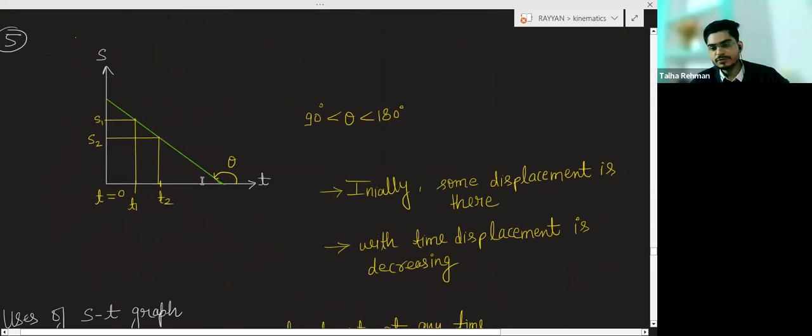Now, if this type of graph we have, this is the graph.